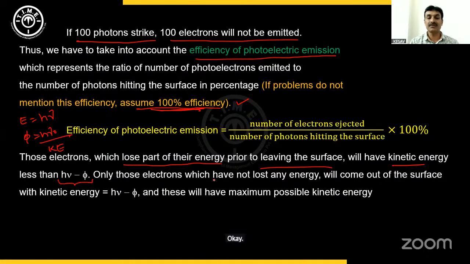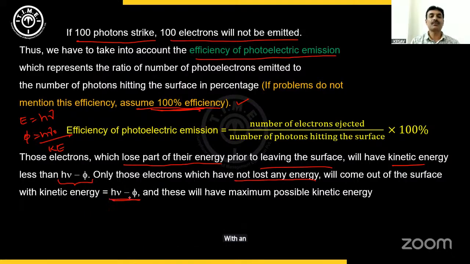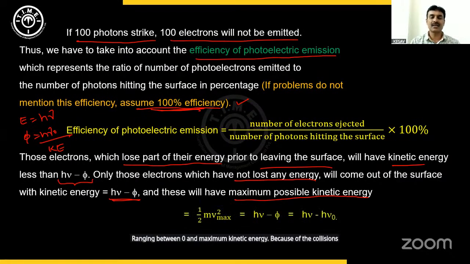Okay, there is a difference between kinetic energy and maximum kinetic energy. Only those electrons which have not lost any energy will come out of the metal surface with an energy hν minus φ, that is called its maximum possible kinetic energy. But in general, the kinetic energy will be less than the maximum kinetic energy, ranging between 0 and the maximum kinetic energy, because of the collisions with other electrons or ions.